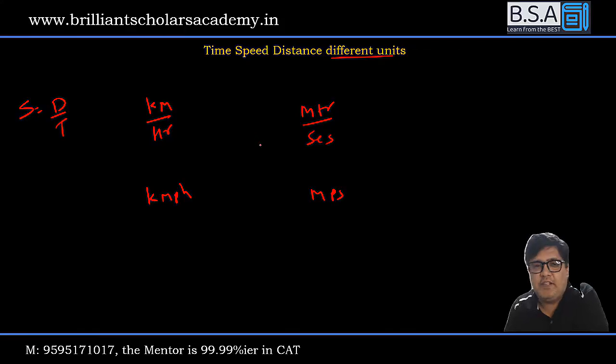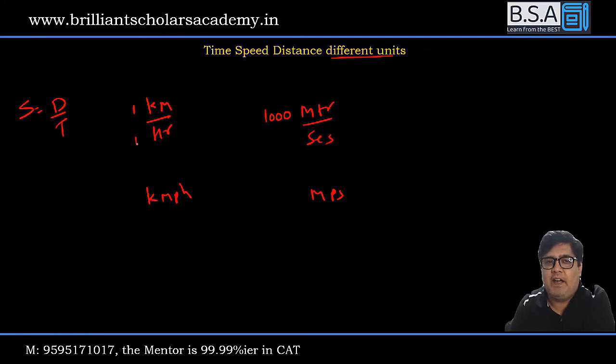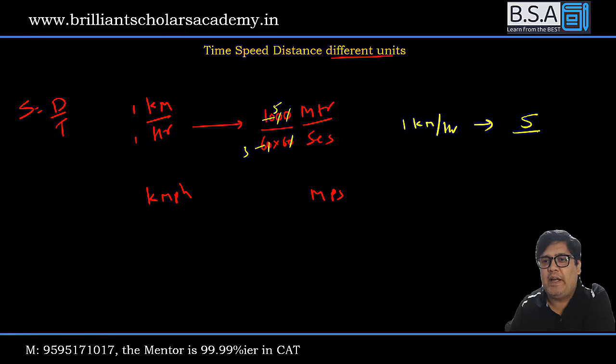What is the relation between the two? What is the conversion factor between the two? 1 kilometer is worth 1000 meters, and 1 hour is worth 60 into 60 seconds. So the conversion factor between the two is, if I cancel these zeros, if I cancel this multiple of 2, 1 kilometer per hour is equal to 5 by 18 meter per second.